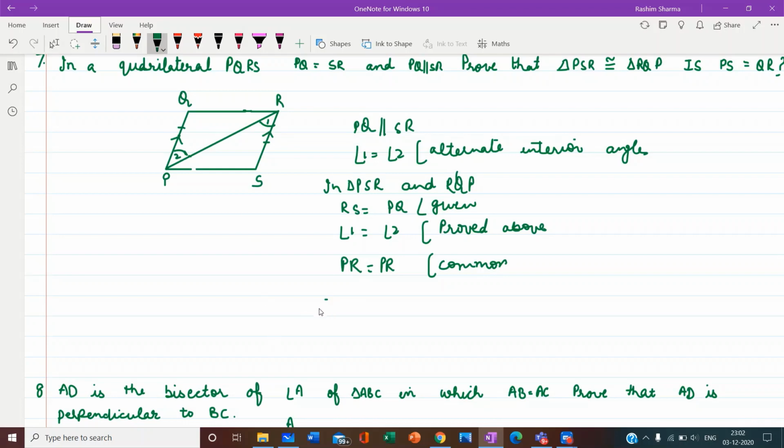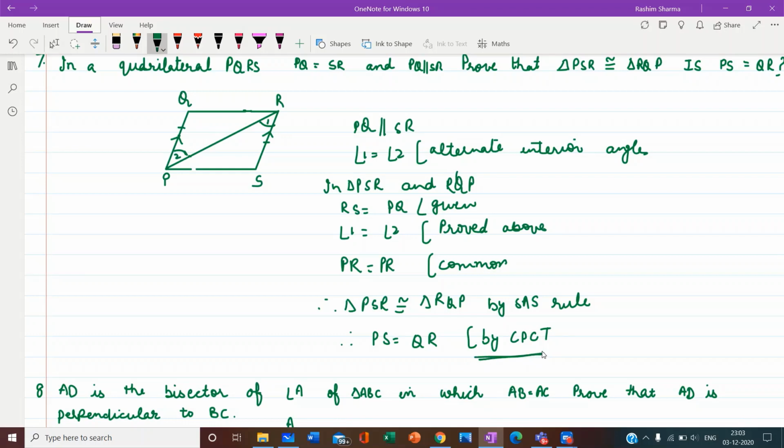So we can write, therefore triangle PSR is congruent to triangle RQP by SAS rule. The question is now to prove side PS is equal to QR. Therefore, side PS is equal to QR by CPCT, because these are corresponding sides of congruent triangles.